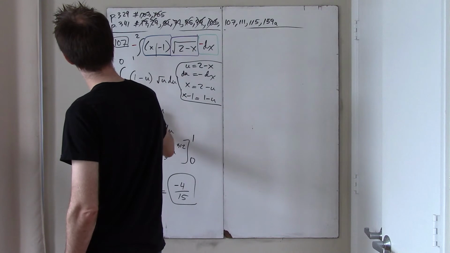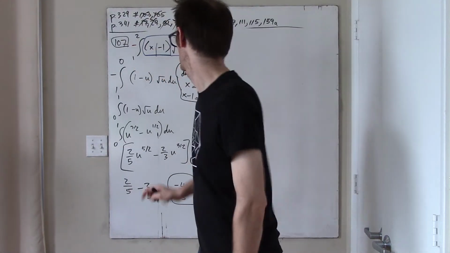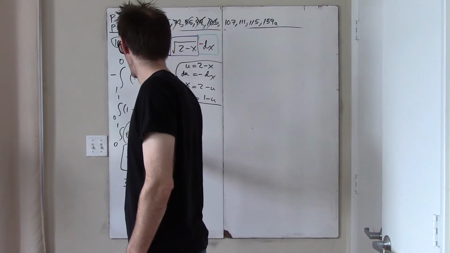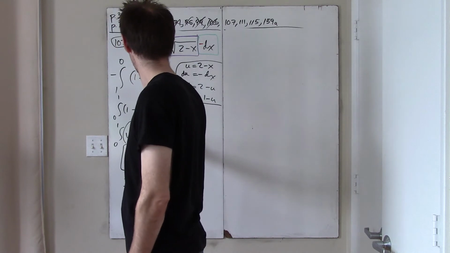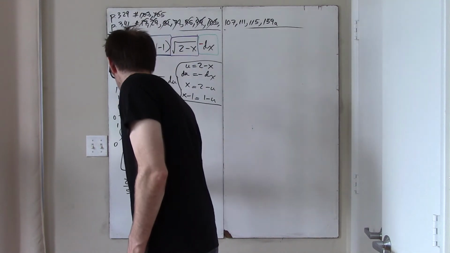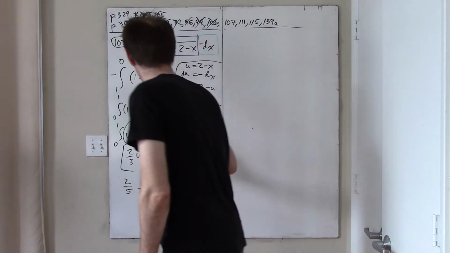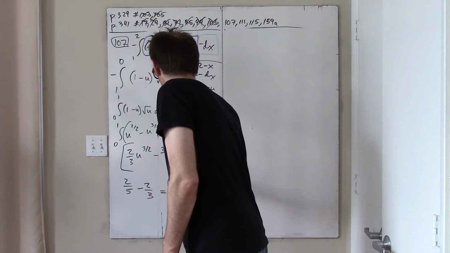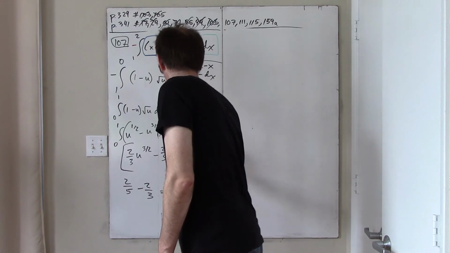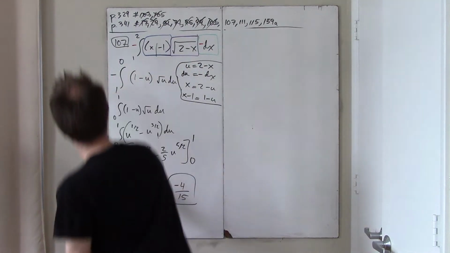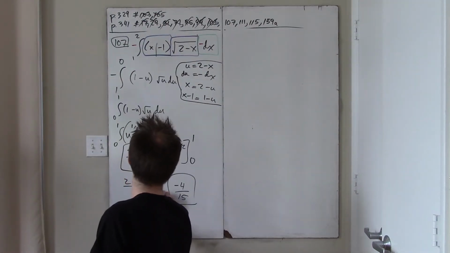So that's 1 minus u, and so really that's u to the 1/2 minus u to the 3/2. So that's 2/3. It's a riveting video here. And now we're getting closer to the truth.